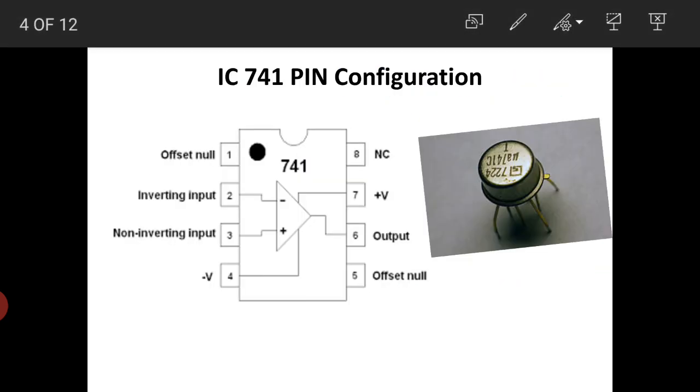This is the pin configuration for the op-amp and its IC number is 741. It has 8 pins, 1 2 3 4 5 6 7 and 8. This is an 8 pin type IC, where at the second pin the inverting terminal is connected and at the third pin the non-inverting input is connected, and the output is obtained at the sixth pin.